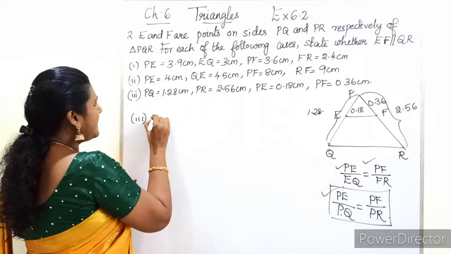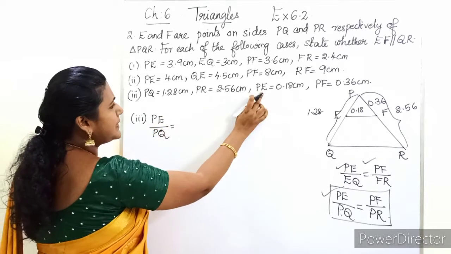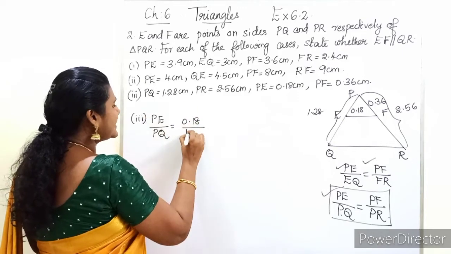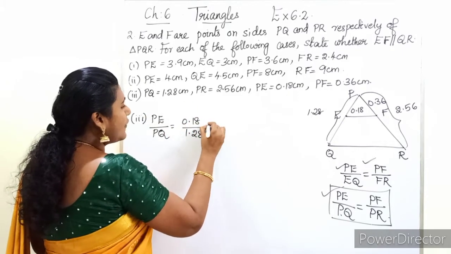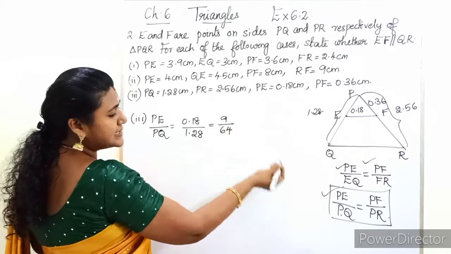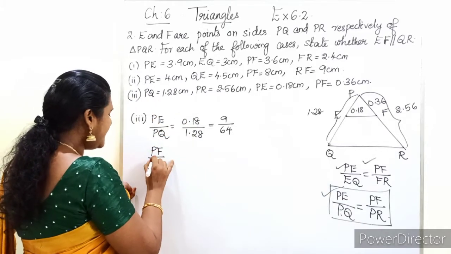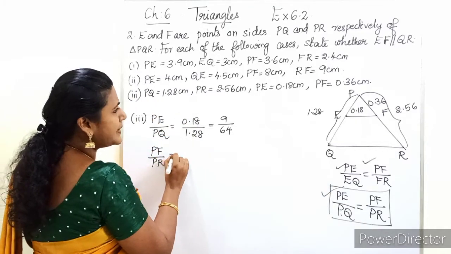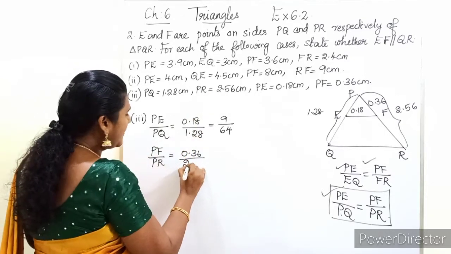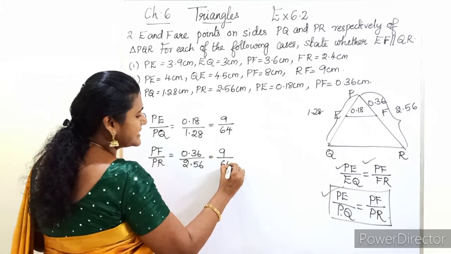So what is PE by PQ? What is PE here? 0.18 by PQ, which is 1.28. When you cancel this, you will get 9 by 64. And similarly, we will find the next ratio, that is PF by PR. PF is 0.36 divided by PR, which is 2.56. When you simplify, here also you will get 9 by 64.